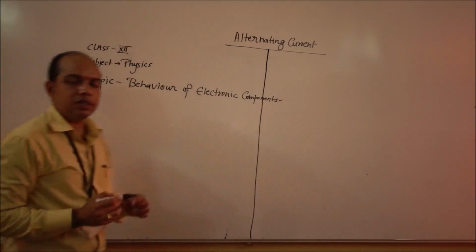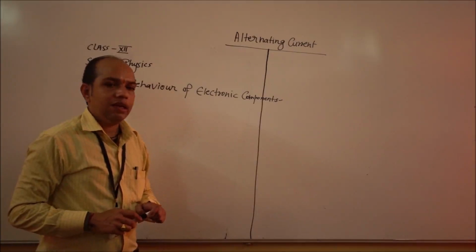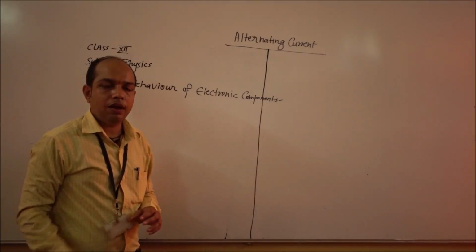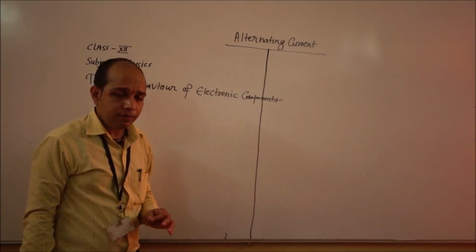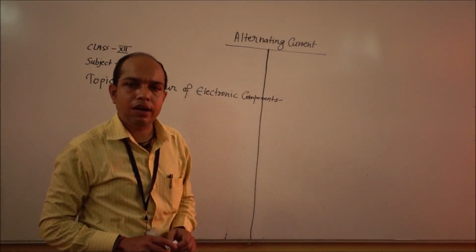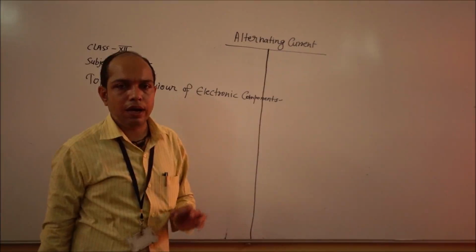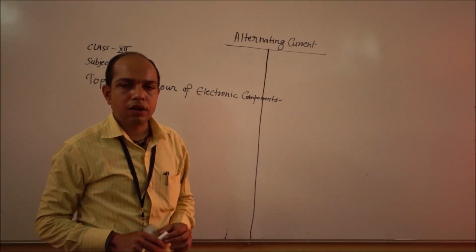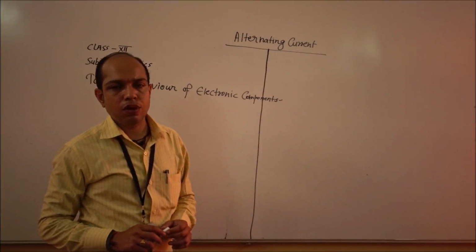In previous classes we discussed AC and DC. In alternating current, current is said to be alternating if its magnitude and direction change continuously with respect to time.